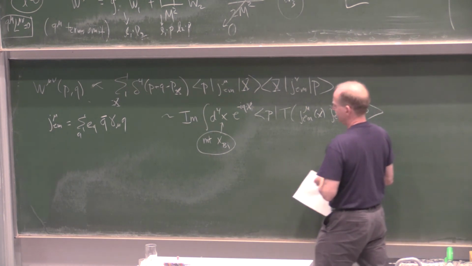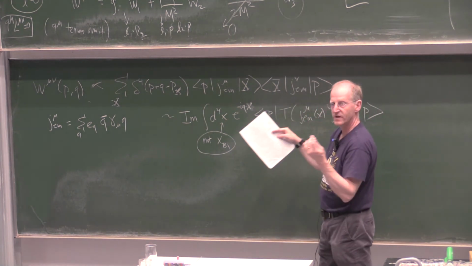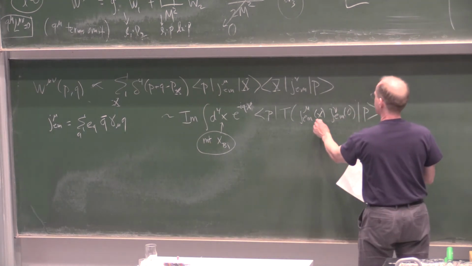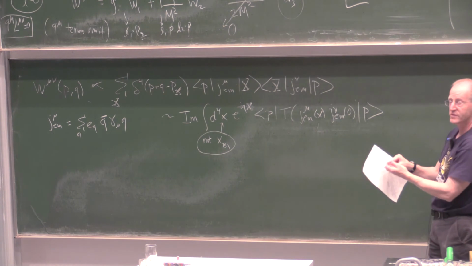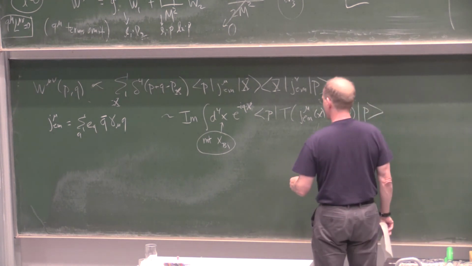So the notion is that because Q is very large, the relevant configurations have x very close to 0. These two operators should be inserted at almost the same point.